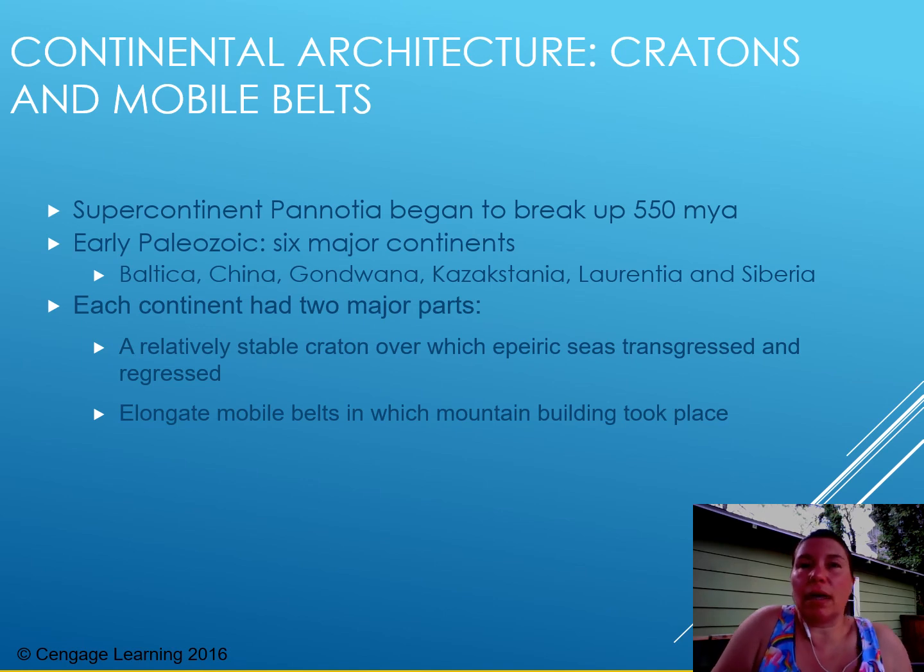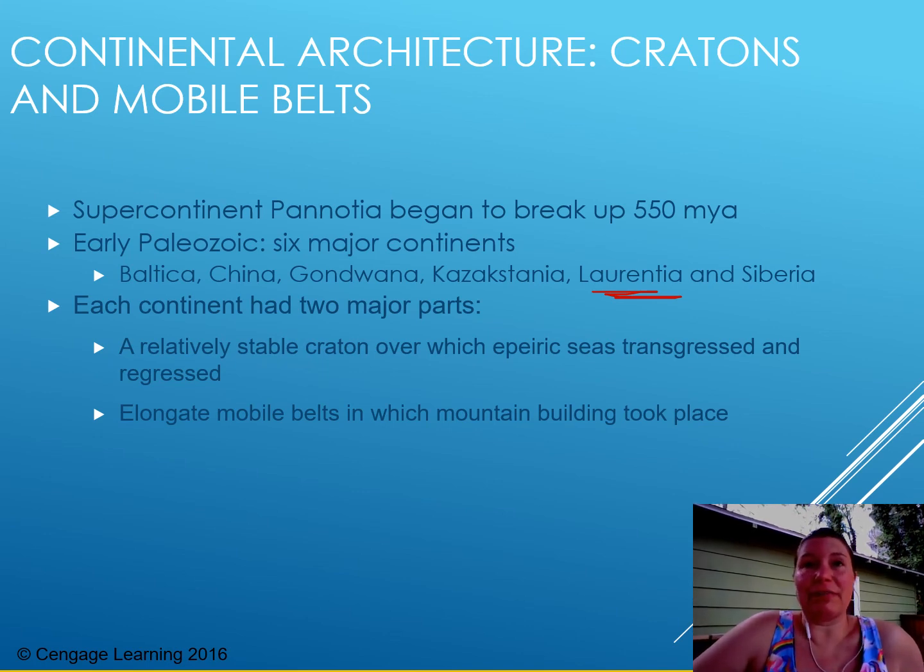We have Baltica, and Gondwana, which is going to be the southern continents like South America, Africa, and Antarctica. So is Australia. We just call all of those Gondwana. And we've got a few others. Here in North America, we are on the continent of Laurentia. So that's where we are. These are the 6 major continents.